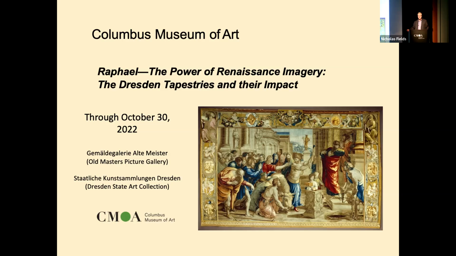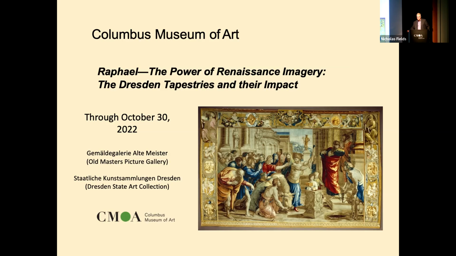I should start out by saying that this is an exhibition that would not have been possible without generous loans, not only of the tapestries, but of related works by the Gemäldegalerie Alte Meister, or the Old Masters Picture Gallery of Dresden, that is part of the Dresden State Art Collection, the Staatliche Kunstsammlung in Dresden.